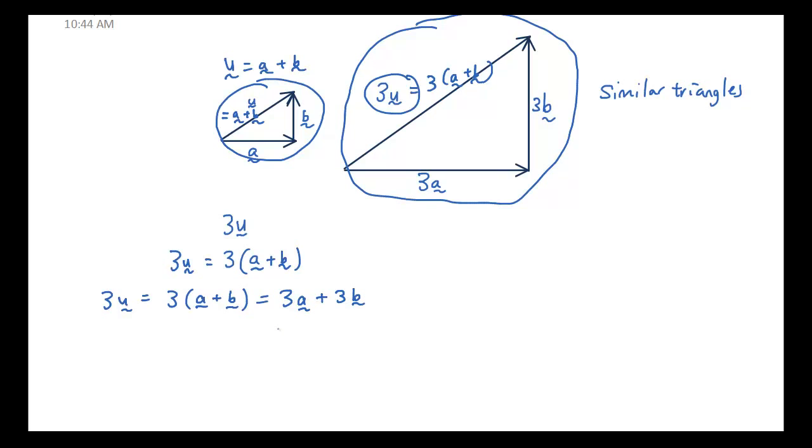So what we have just proven is called the distributive law.